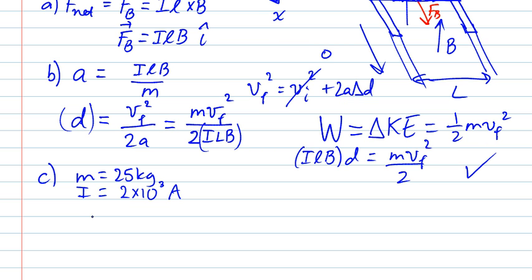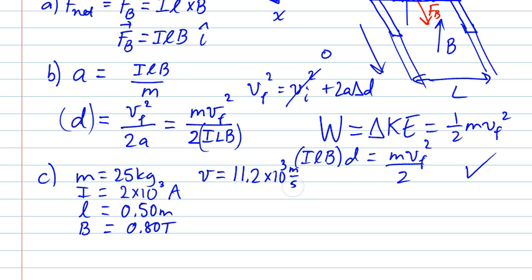Let's say we have two rails that are a half meter apart, and a magnetic field of 0.80 Tesla, which is not too horribly difficult. And let's say we want it to reach escape velocity, which is 11.2 thousand meters per second. How long would this railgun have to be?